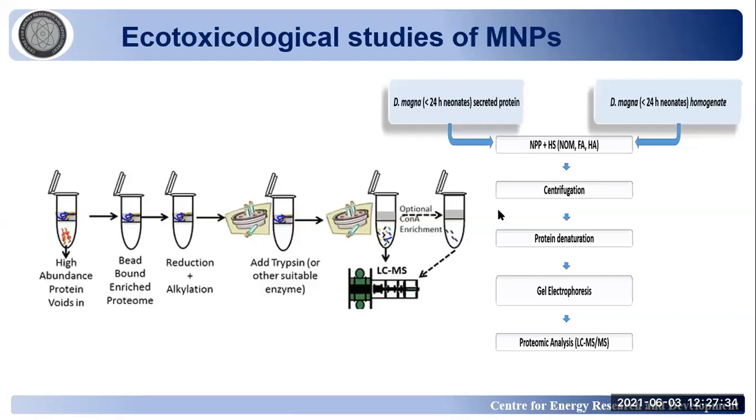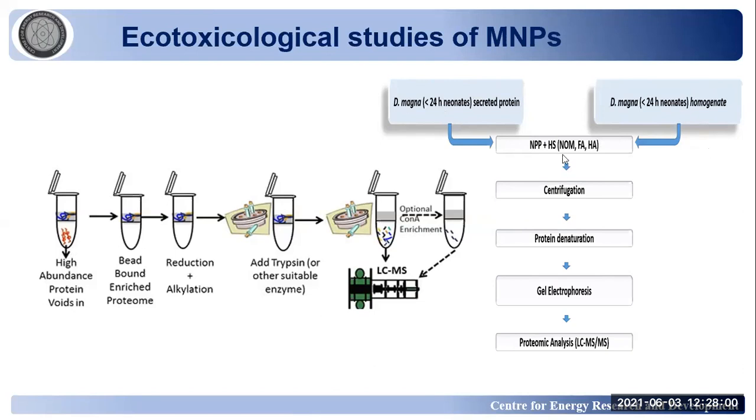So in trying to understand this, we subjected Daphnia magna secreted protein to the nanoparticles. The secreted protein in this sense is that we collected the neonates less than 24 hours old and put them in a separate medium for 48 hours. The secreted metabolic macromolecules were collected, while we also homogenized the organism.